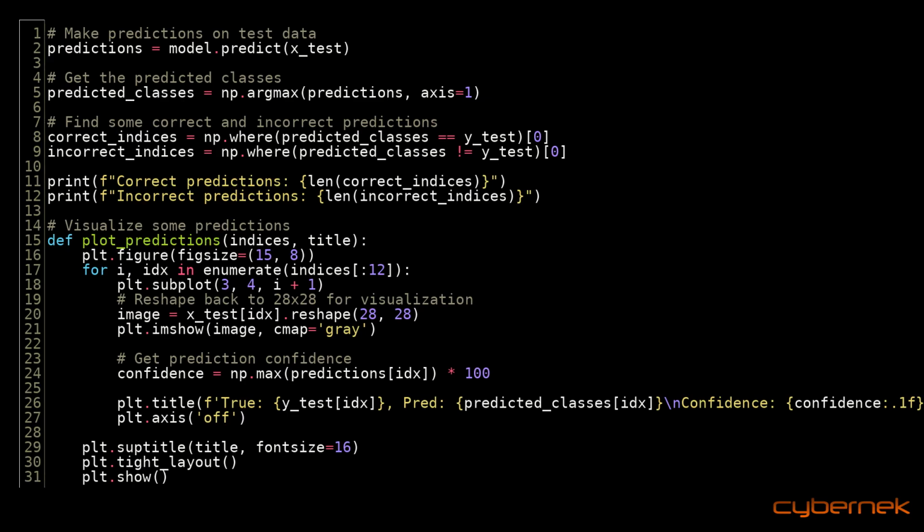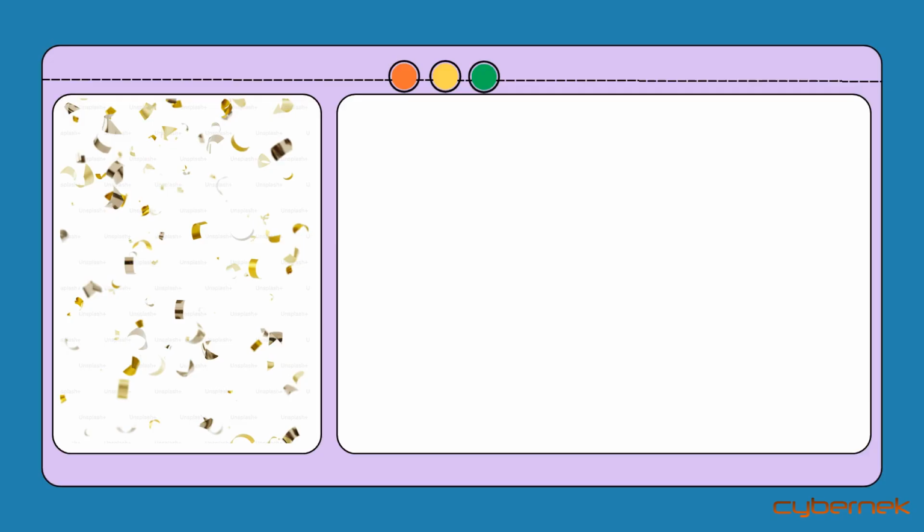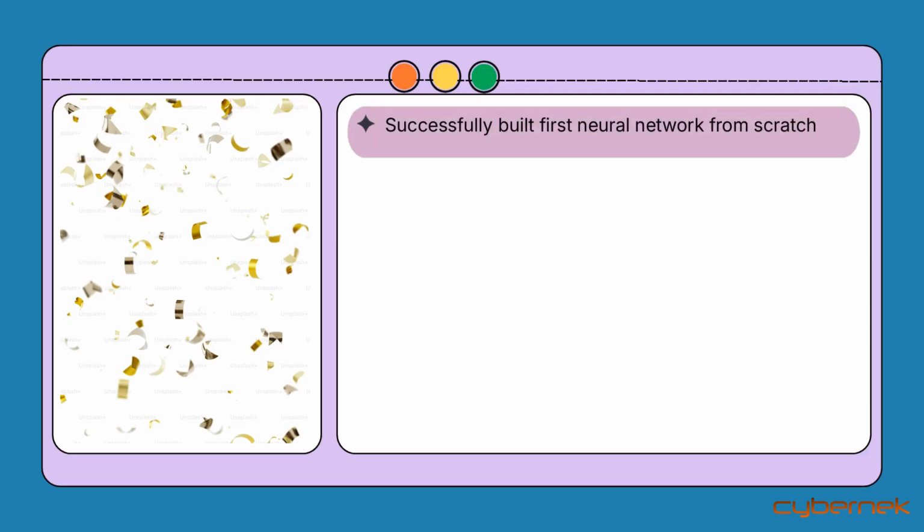Confidence is calculated as the maximum probability times 100. The title shows the true label, predicted label, and confidence percentage. plt.axis('off') removes the axis, and plt.suptitle adds a main title. tight_layout optimizes spacing. Congratulations! You just built and trained your first neural network from scratch.